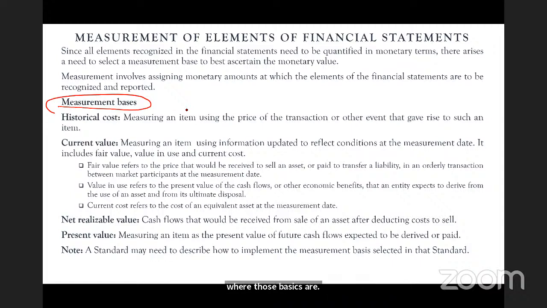So the measurement basis, meaning how can we measure, in how many ways can those elements that we have talked about up there be measured in our financial statements? Meaning that it can be an asset measured at historical cost, or at fair value, or at a value in use.